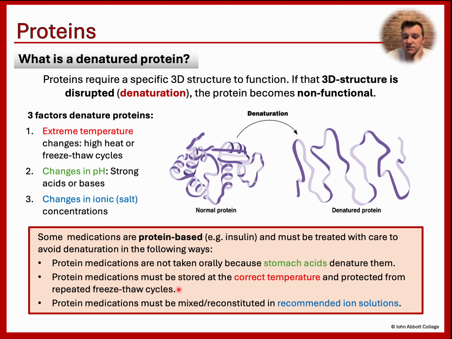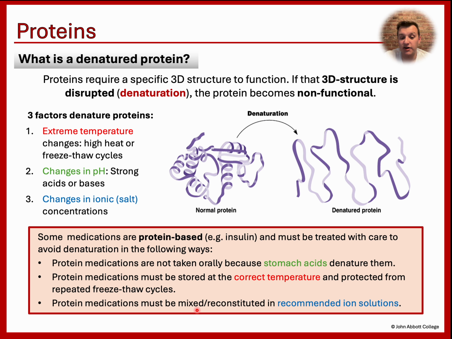Protein medications must be stored at the correct temperature, right? So we need to keep protein meds at the right temperature and avoid freezing them, thawing them, freezing them, because that's not good for them. They will denature. So we need to follow the protocol for whatever temperature that med requires, right?